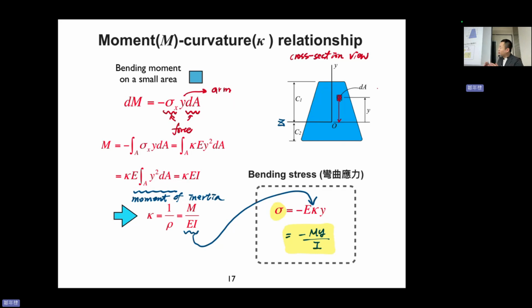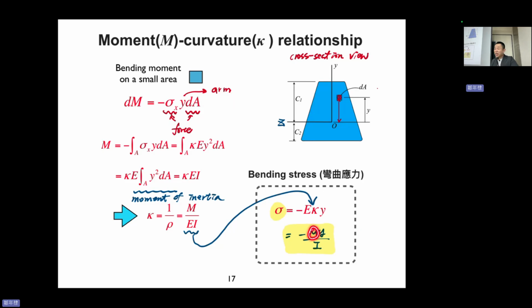Okay, so that's the reason why we say chapter 4 is so important, because the normal stress on a cross section is related to the value of the moment at that cross section. This value is from chapter 4, because you can draw the moment diagram, and each cross section has different moment value.